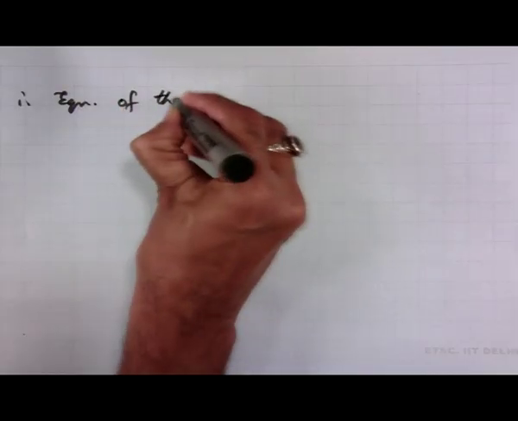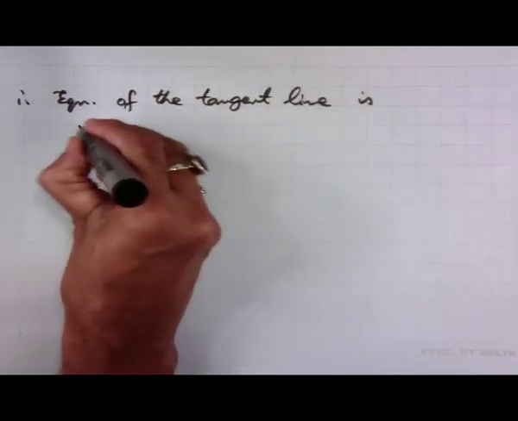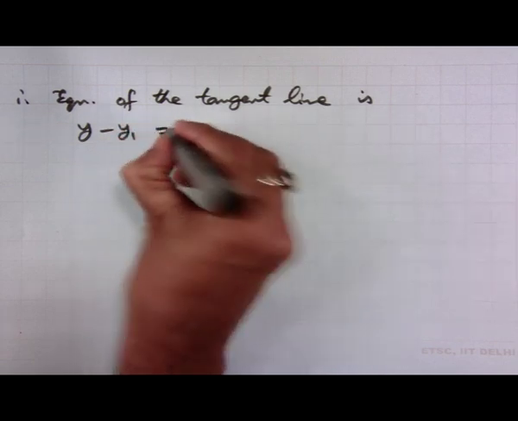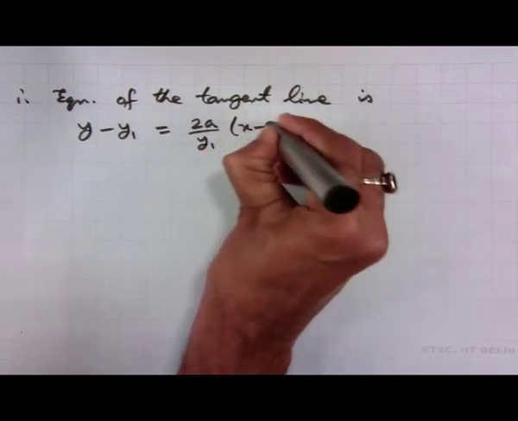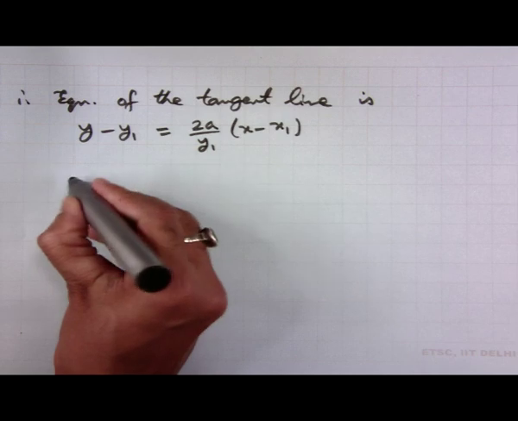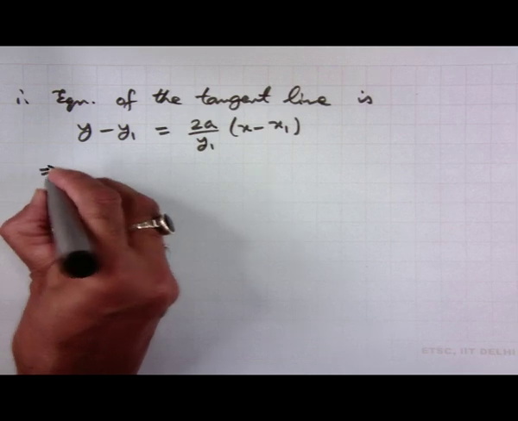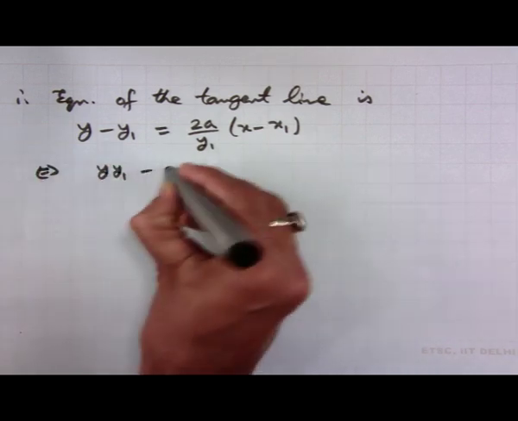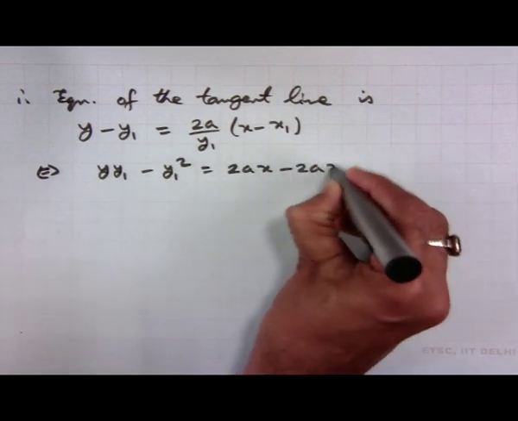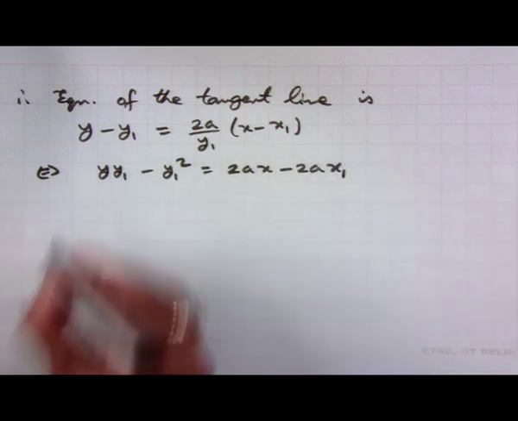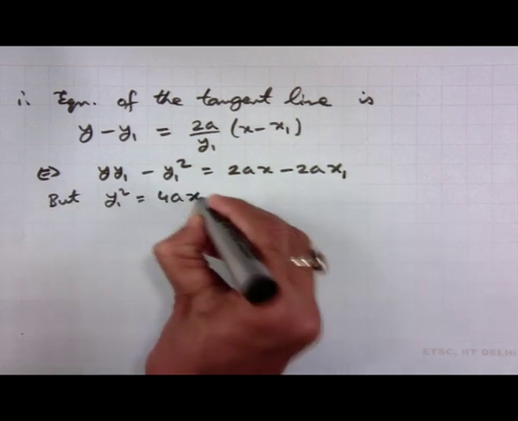of the tangent line is y minus y 1 is equal to m times, m is 2 a by y 1, times x minus x 1, which implies y y 1 minus y 1 square equal to 2 a x minus 2 a x 1, but y 1 square is 4 a x 1.